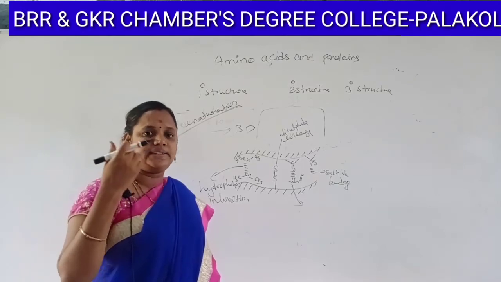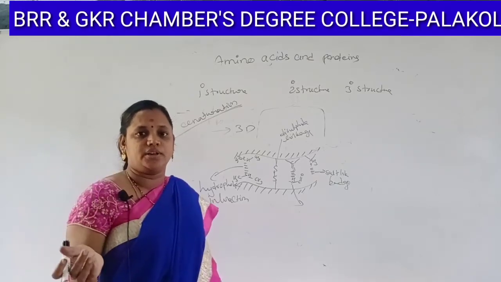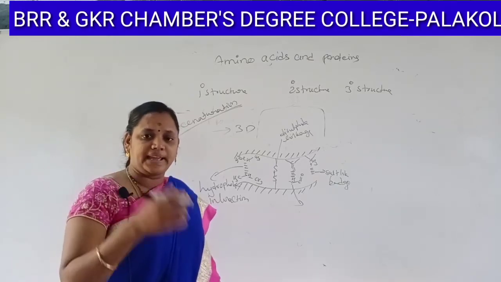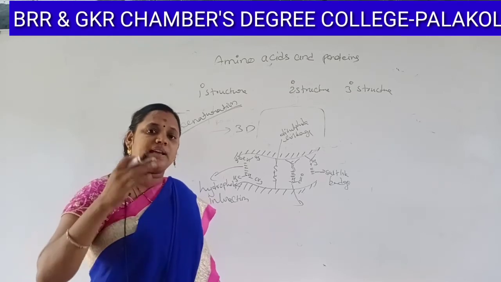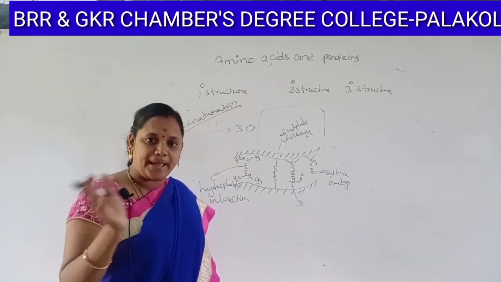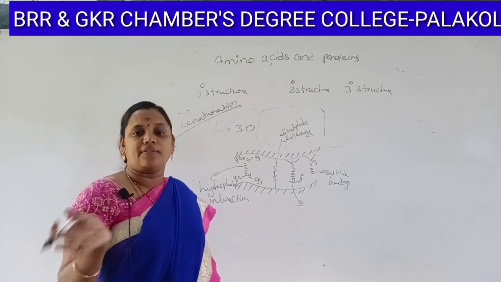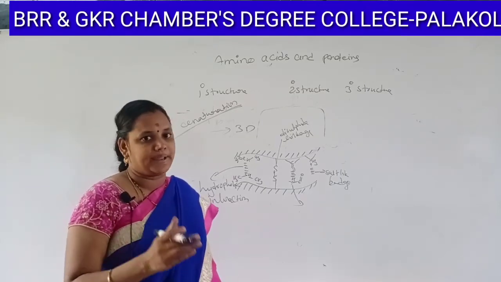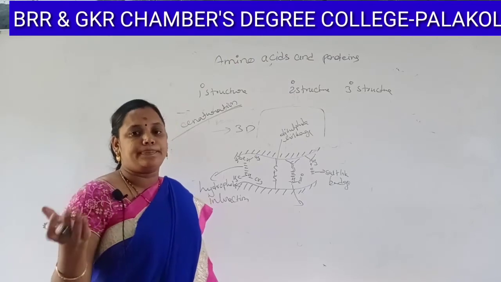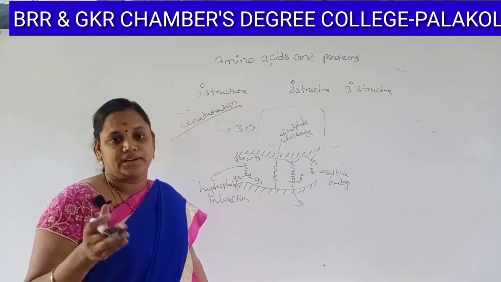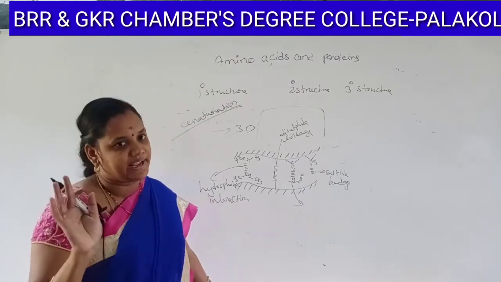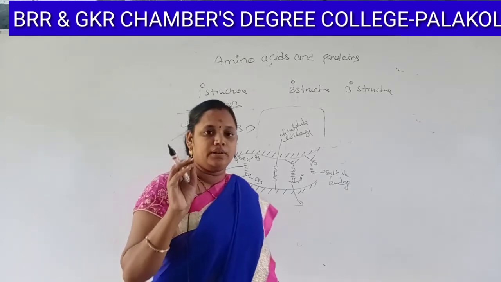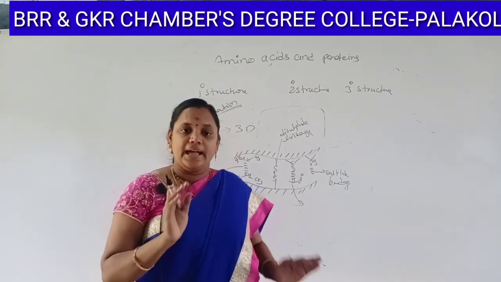So the protein is denatured. But some proteins after denaturation may come back, and some may not. For example, egg can't come back. But some proteins can come back after denaturation, which is called renaturation. I hope you do not get confused.